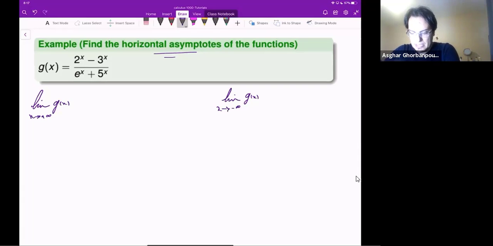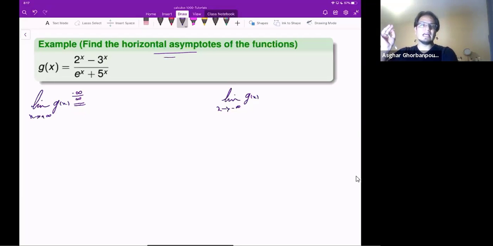When I look at the limit of 2 to the x minus 3 to the x over e to the x plus 5 to the x, all of them are going to infinity. Actually, it will be negative infinity over infinity. So this is going to be something that we have to deal with carefully.